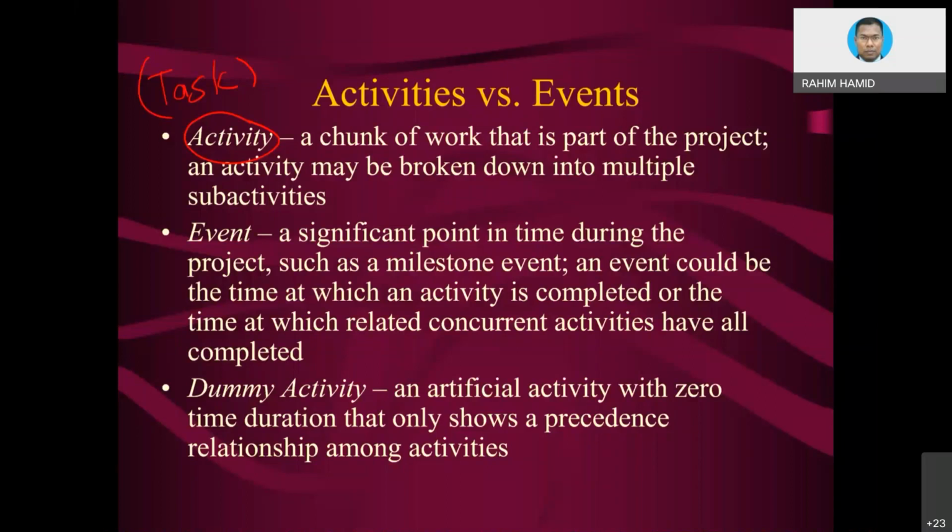Okay, events reflect what we call significant points. Examples of events are the start and finish. Normally, when you see the network, we start drawing with what we call the start activity. The start activity doesn't have any important tasks.